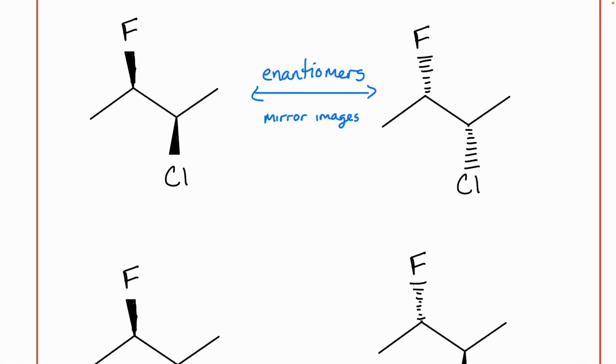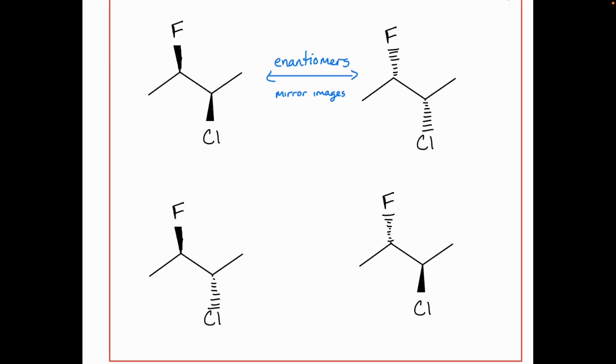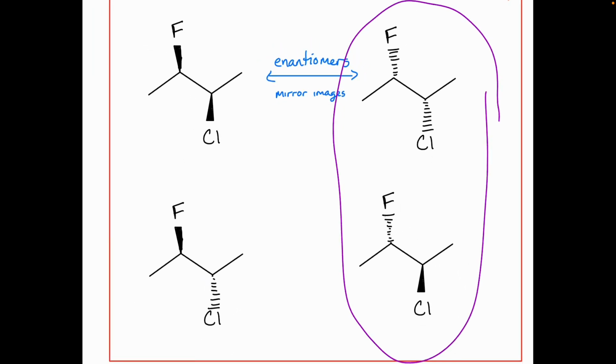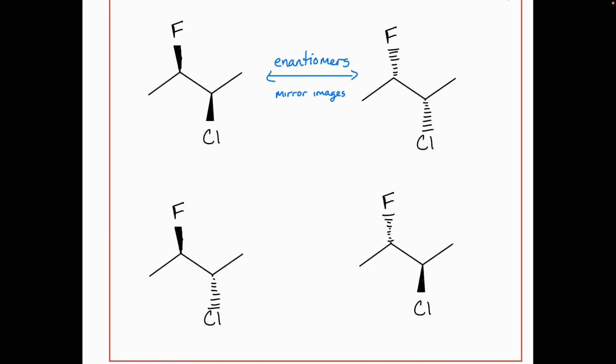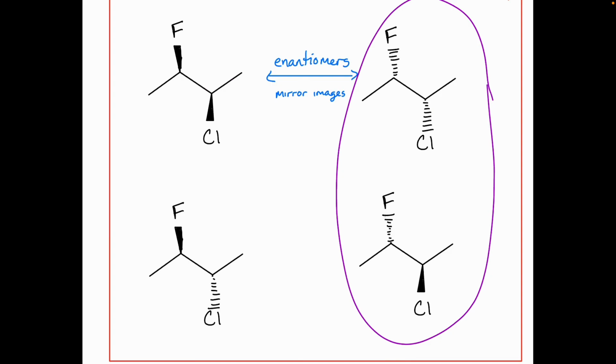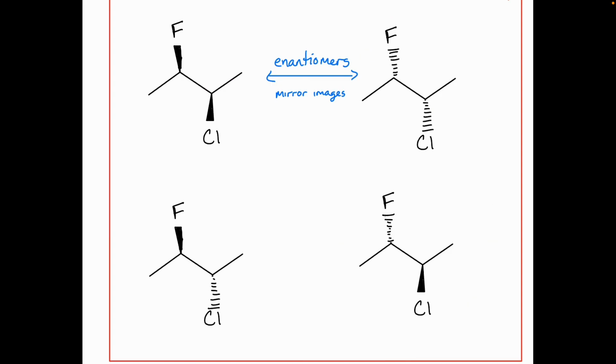Okay, but if I look at these 2 here, these ones are not mirror images of one another. If I look at just these 2 right here, this is not a pair of enantiomers. They are chiral stereoisomers. Everything's connected the same. They're just oriented in space differently. But they're not mirror images. So if you are chiral stereoisomers but not mirror images, yes, we have a fancy name for that as well.